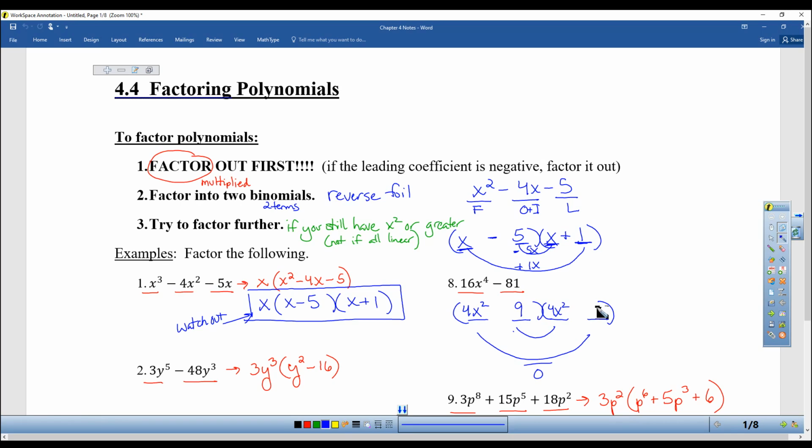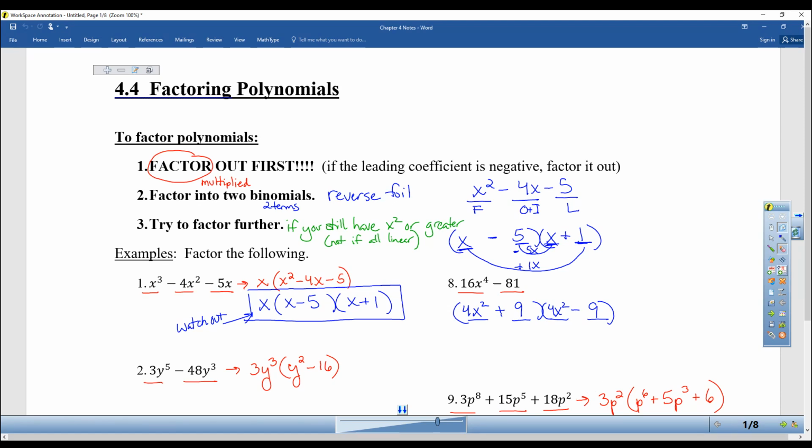Make this 9 and this 9. Making them the same means that when you do the inners and you get 36x squared, but you make this one negative, that'll give you negative 36x squared, and it does add up to 0. I'm just going to erase that. You can write them temporarily if you need to.